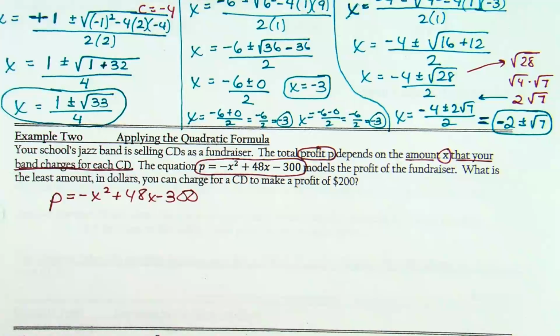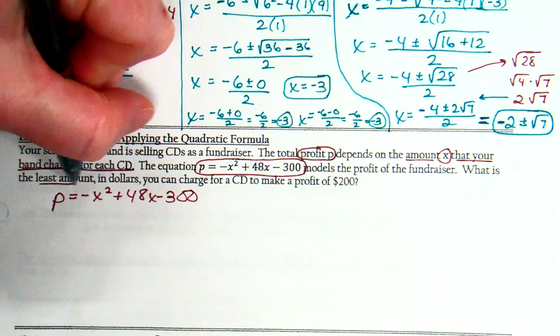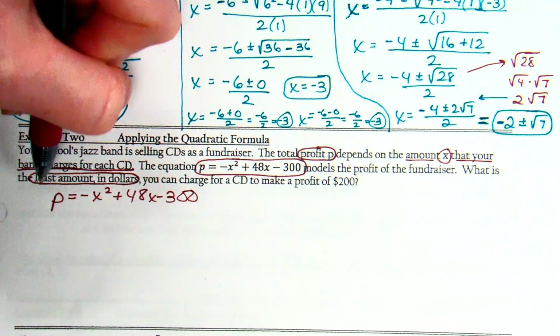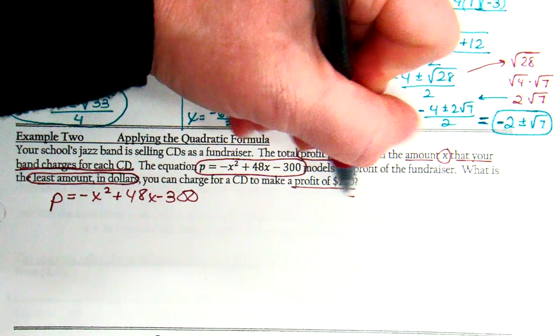Models the profit of the fundraiser. Again, remember P stands for profit. X stands for how much the band charges for each CD. Our question: what is the least amount in dollars you can charge for a CD to make a profit of $200?